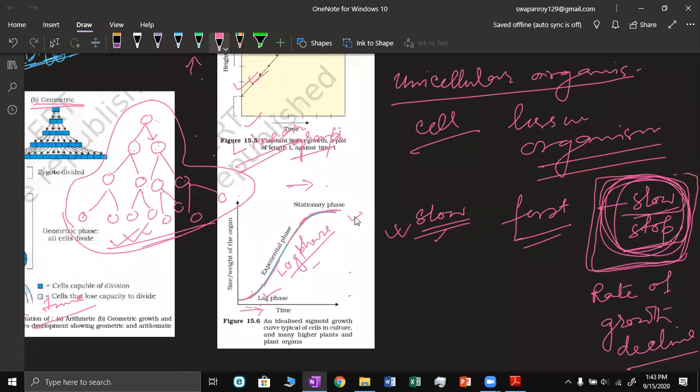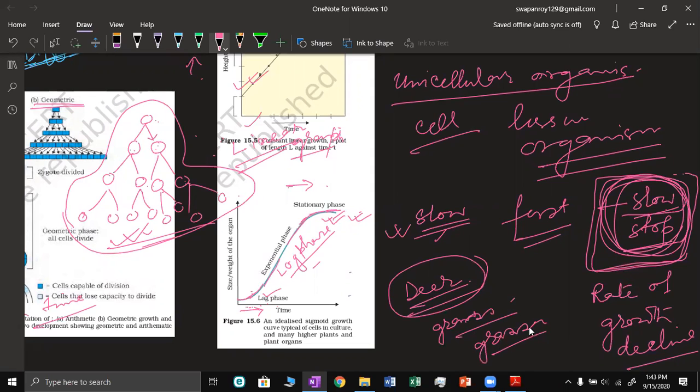These things happen in natural populations also. Say, in a grass field, if the deer numbers are increasing, then what will happen? In the grassland, the grasses will gradually become limited due to repeated grazing, and they will not get regeneration time.